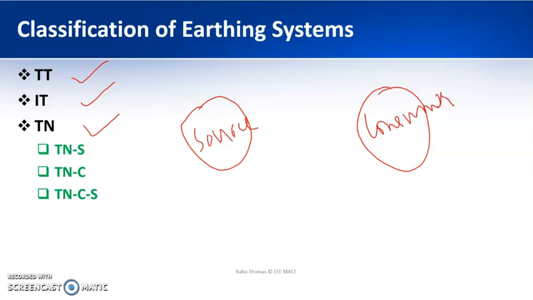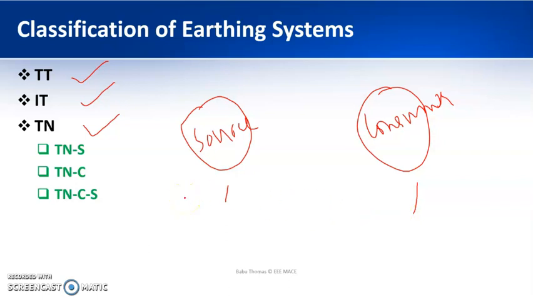All these classifications are based on how the earthing is provided at the source, whether at the consumer side or at both ends, and those classifications are made with respect to the TT, IT, and TN systems. We will be discussing all these TN, IT, and TT systems in a separate video lecture.